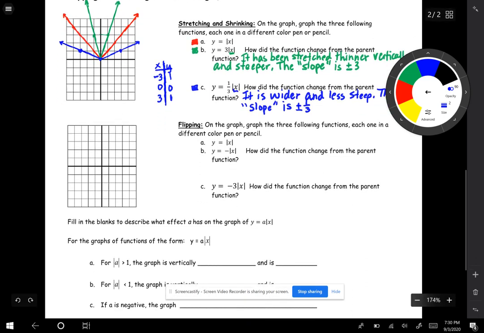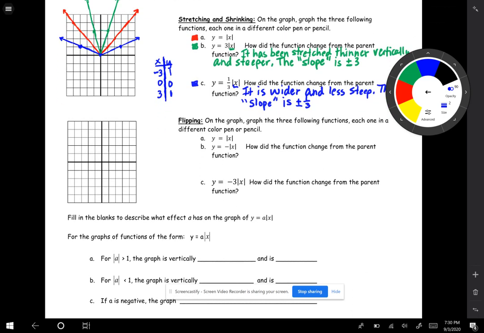Flipping. We are going to graph 3 more functions, starting with the parent. You're gonna love your short assignment tonight. All right, and there's your parent.